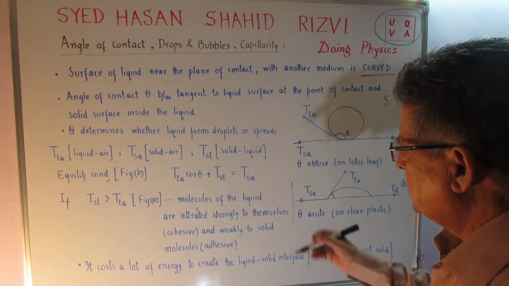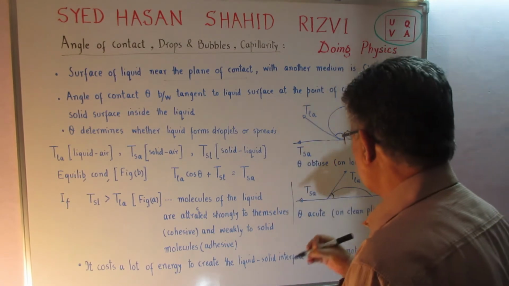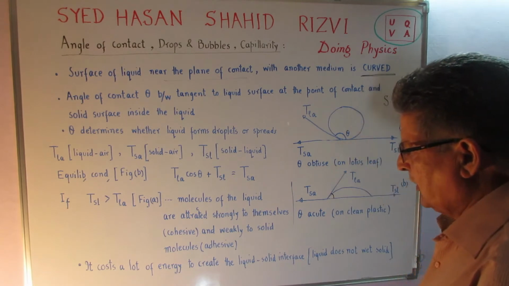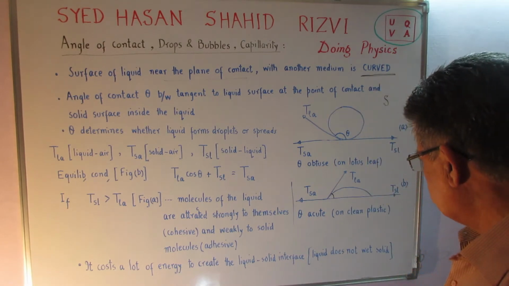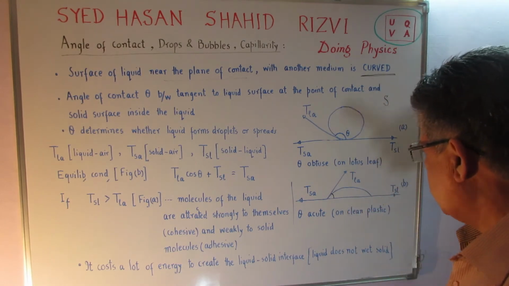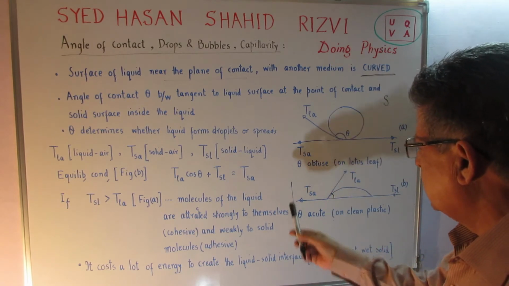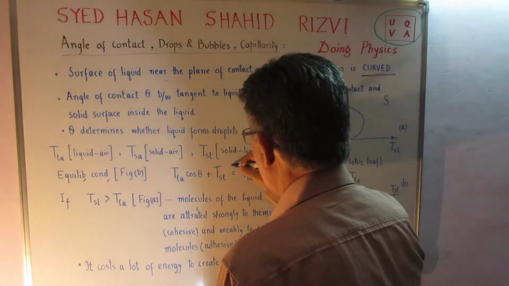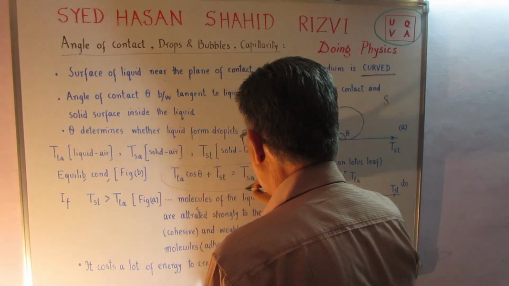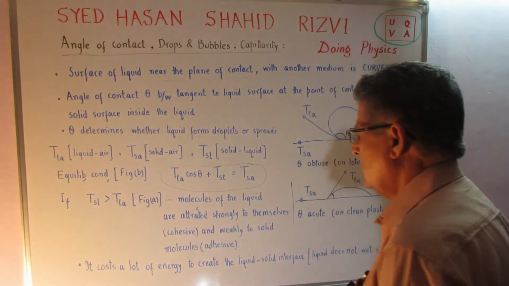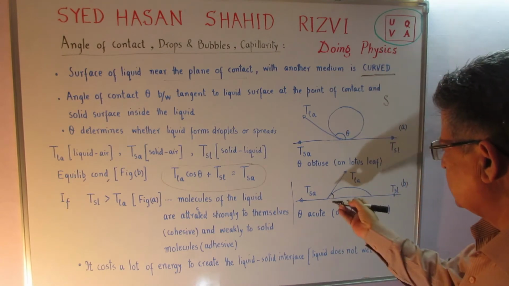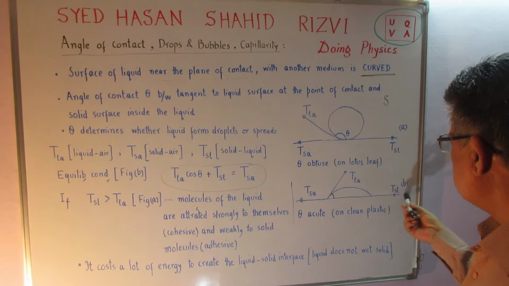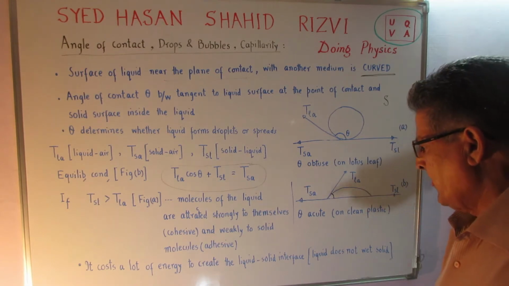So I can write TLA cos of theta, the resultant part in the horizontal direction, plus TSL in the same direction must be balanced by, in the equilibrium condition, by TSA, okay, the solid air interface. So this is balancing the cos theta component on this side and this side, okay.